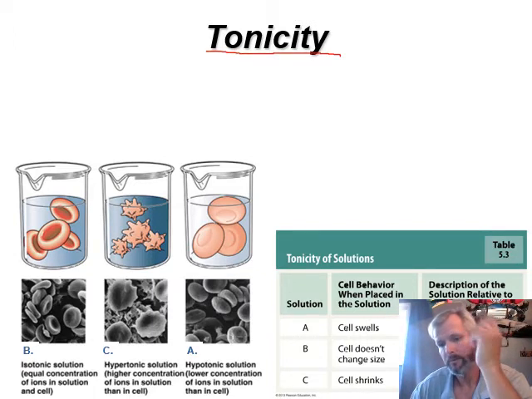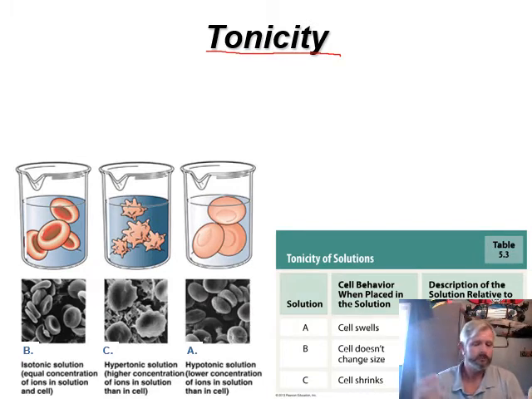So we got to worry about whether the solutes are penetrating or not. Tonicity is, if I put a cell in the solution, what happens to my cell?